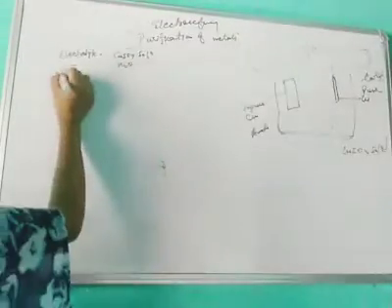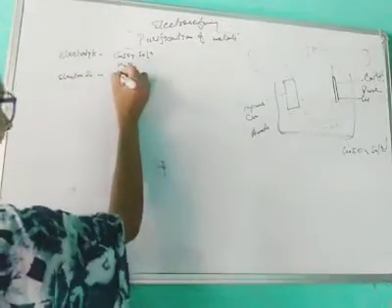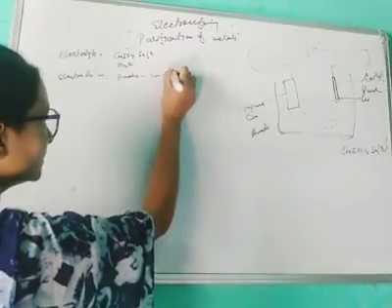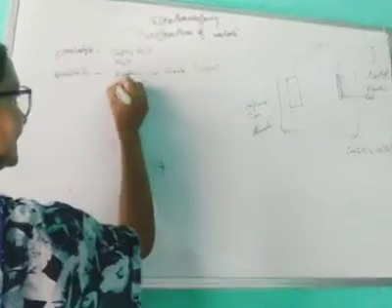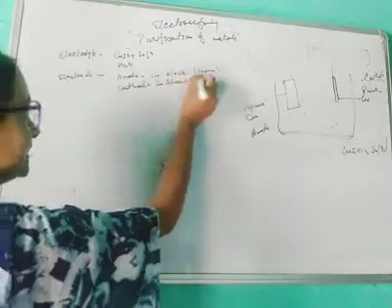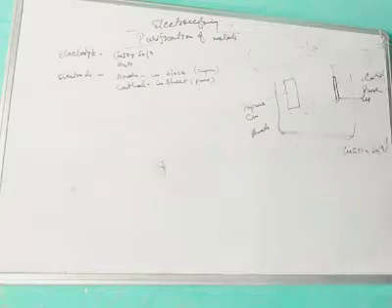For electrodes, at the anode we are using the impure copper block, and at the cathode we use a very small thin sheet of copper which is very pure in nature.